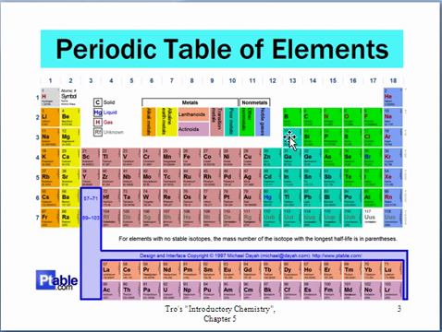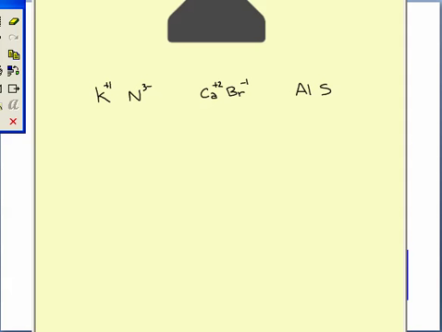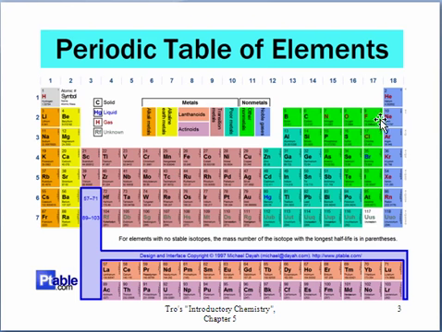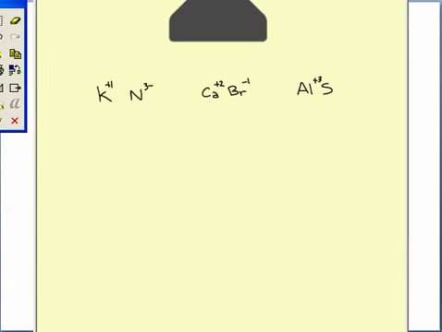Aluminum, 1, 2, 3, is +3, and sulfide is in the oxygen family, 2 away from the noble gases. It's a nonmetal, so its charge is going to be -2. Then I do my switch.